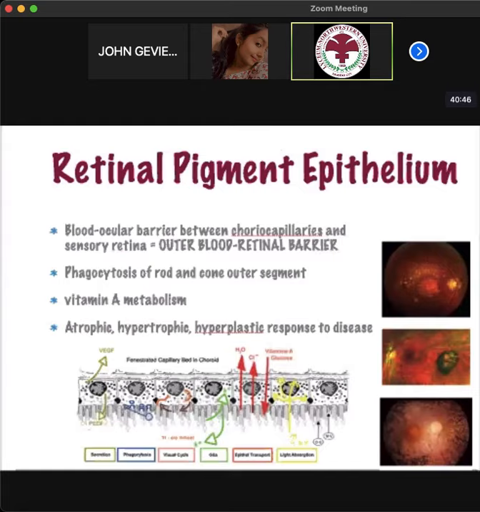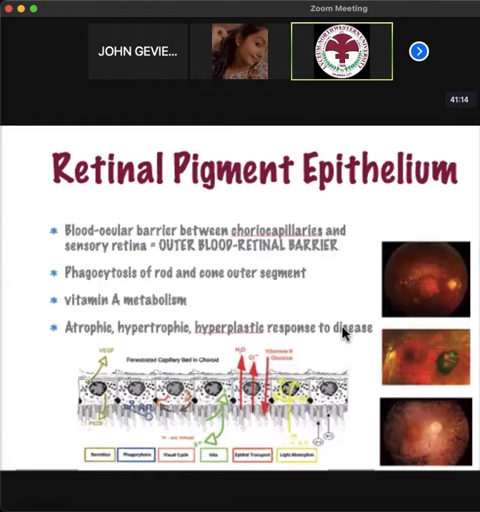Next, a very important structure of the retina would be your RPE, or retinal pigment epithelium. It is intimately related to your photoreceptor cells. Basic functions of your RPE include, first, phagocytosis of your photoreceptors, responsible for vitamin A metabolism, and for the trophic, hypertrophic, or hyperplastic response to any disease.